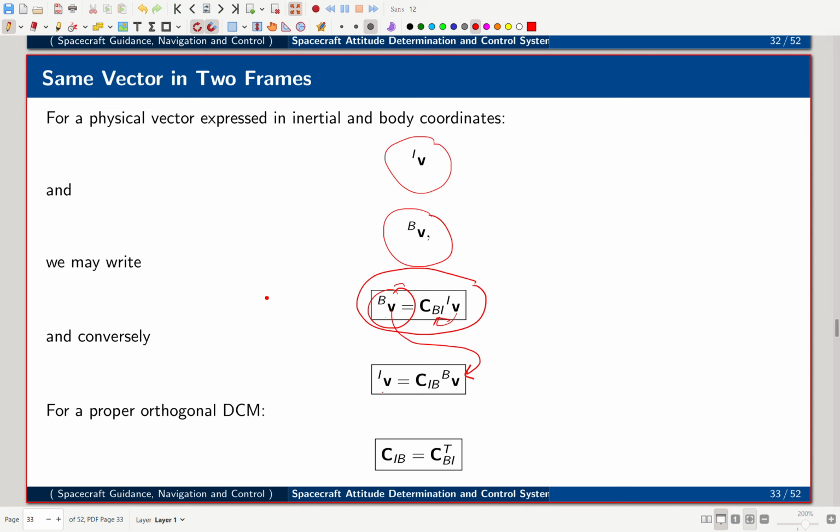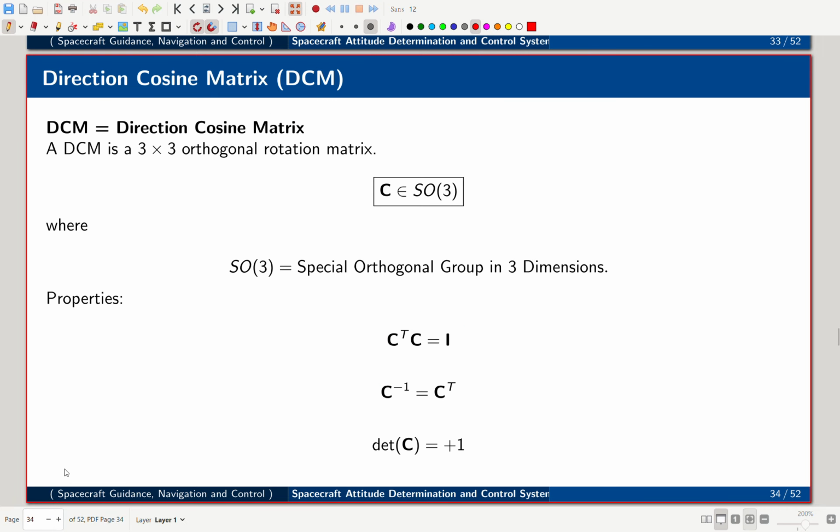You convert here, convert again, and you get the different frame. So proper orthogonal DCM, you will get the same: C_BI is equal to C_IB transpose. So this is basically the same.